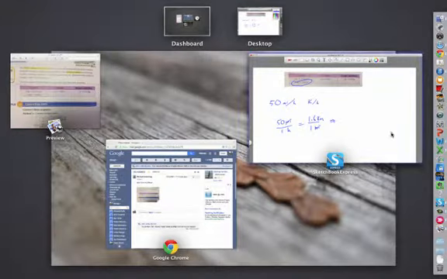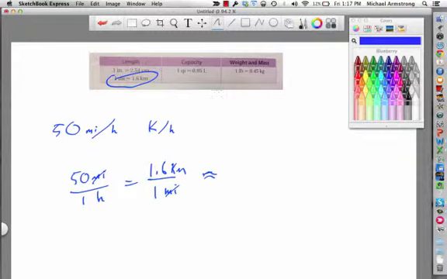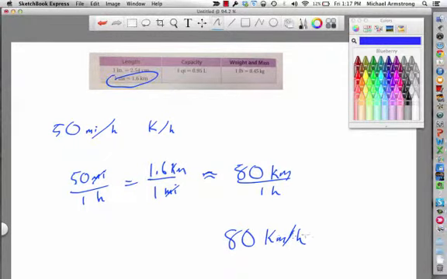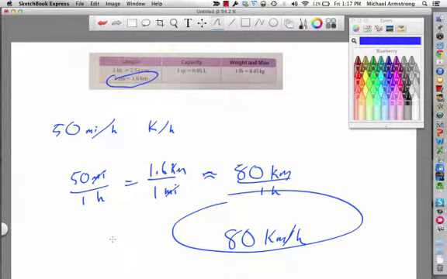Well, that's nice. It's a nice even number. I like that. And it's about 80 kilometers per 1 hour. So about 80 kilometers per hour. And you can write that 80 km/h, kilometers per hour. Okay? Now that was kind of quick, but I think that's easier than that one. All right, we'll stop.